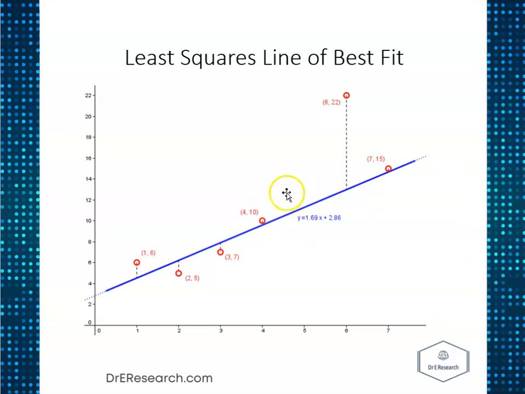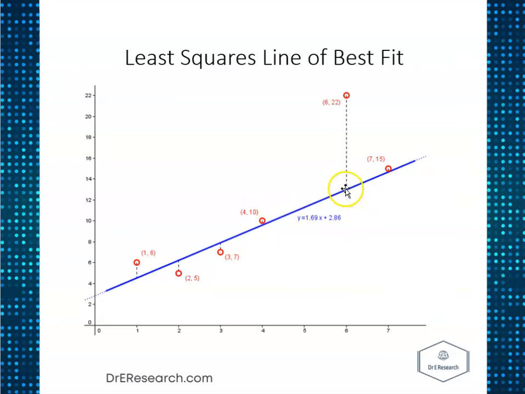Why the vertical direction? Well, that's our y direction. That's the direction we're trying to predict. And so what we're basically saying is, how far is this point from what this line predicts? The line predicts everything would fall right on the line.